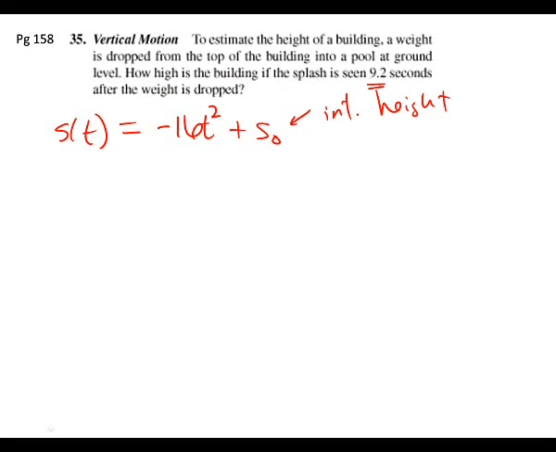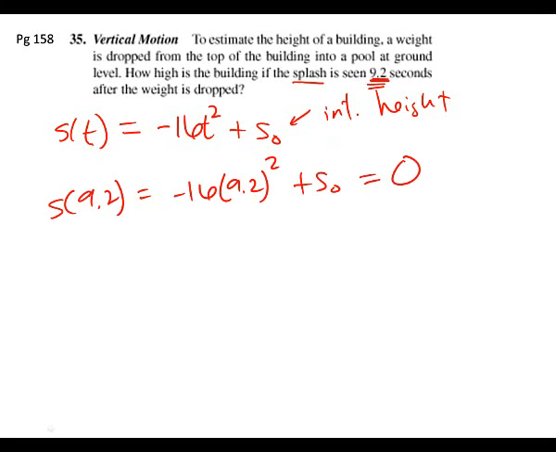It really isn't any calculus, okay? What is the height at splashdown? 0. The height is 0, okay? So what I need to do is plug in 9.2 into the time. So S of 9.2 equals -16 times 9.2 squared plus the initial value. And I'm going to set that equal to 0 and solve for it.